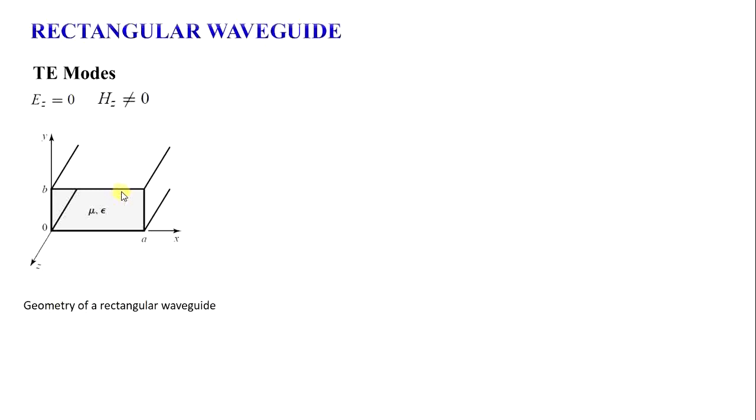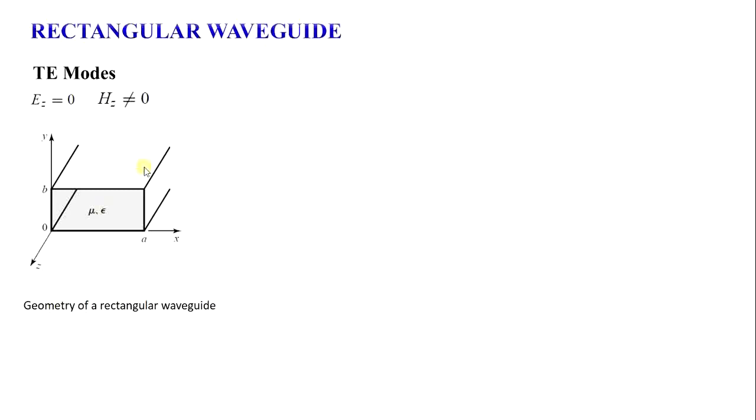Now the Ez is equal to 0 for y equal to 0 and for y equal to b. Similarly, Ez will be equal to 0 for x equal to 0 and for x equal to a. Now consider Ex. Ex is also tangential on the top and the bottom plane of the rectangular waveguide.